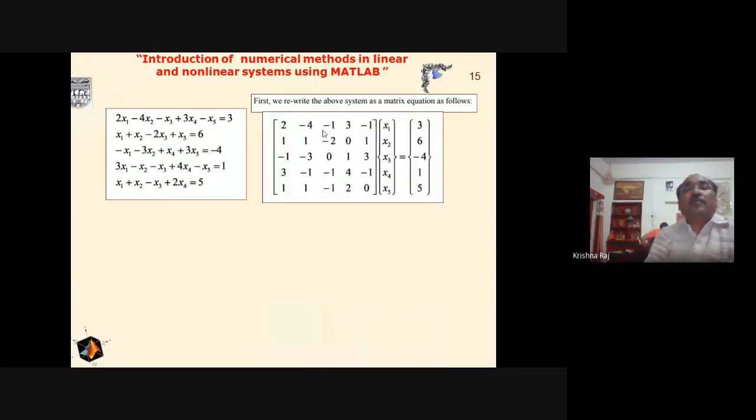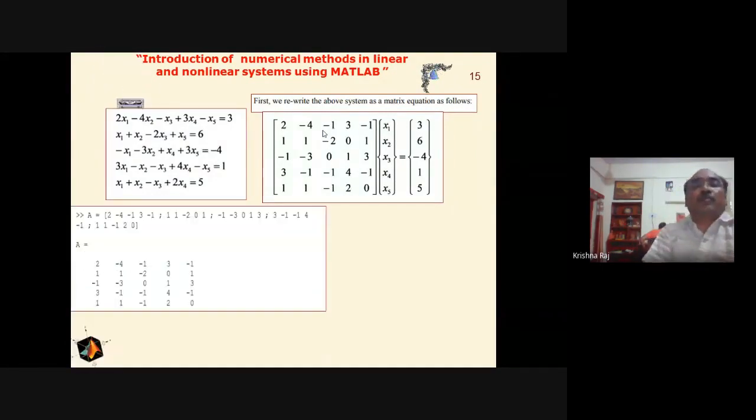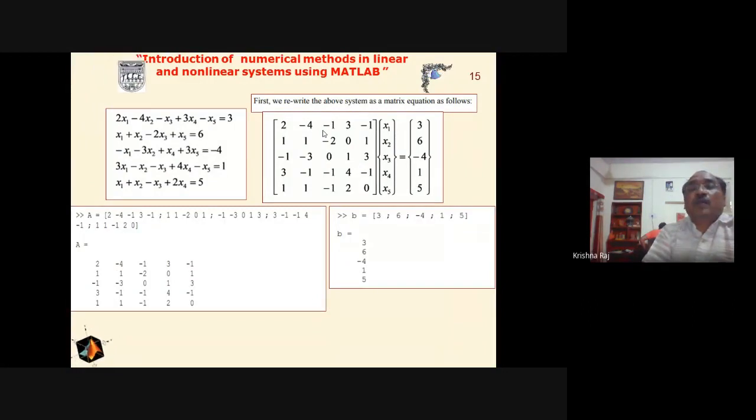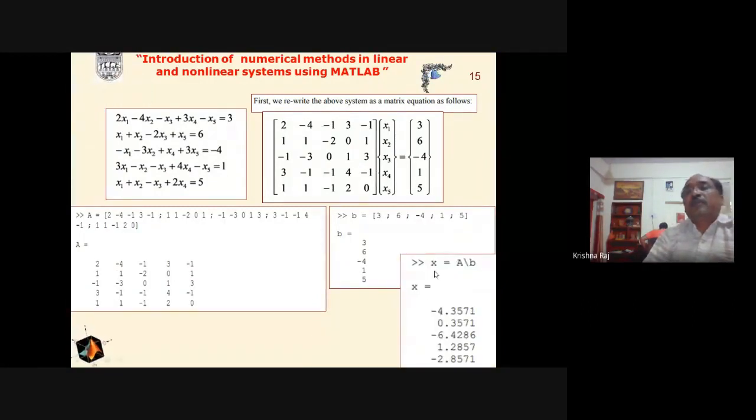First of all, we have to write this in the AX = B form, where A and B are described. Then in order to get the result, we will use the Gauss elimination method, because we have discussed that the inverse method is not suitable due to its speed.